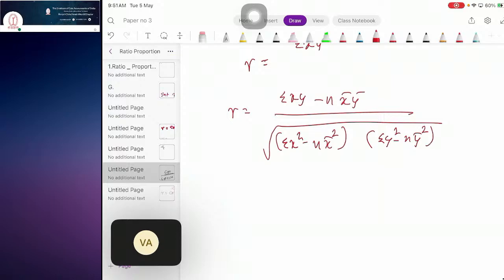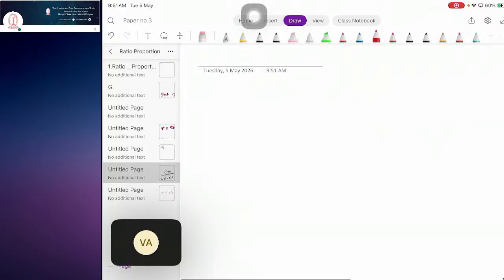This is the first formula for calculating Karl Pearson's coefficient of correlation.